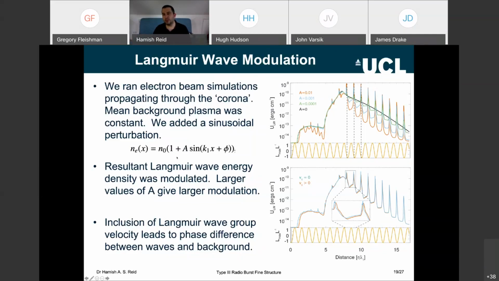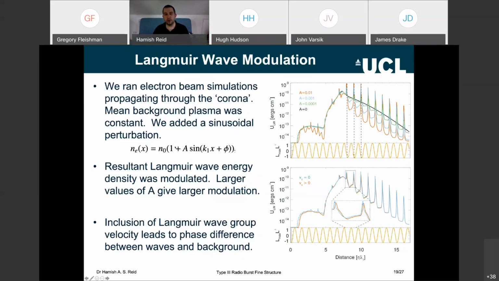The corresponding plots on the right-hand side show the Langmuir wave energy density created by an electron beam moving through this plasma that has a single sinusoidal fluctuation. You can see that the intensity of the Langmuir waves is modulated at the same wavelength as the fluctuations that we put in.